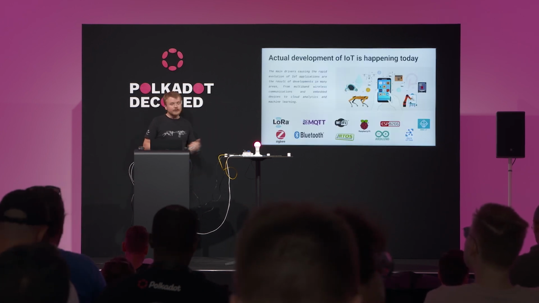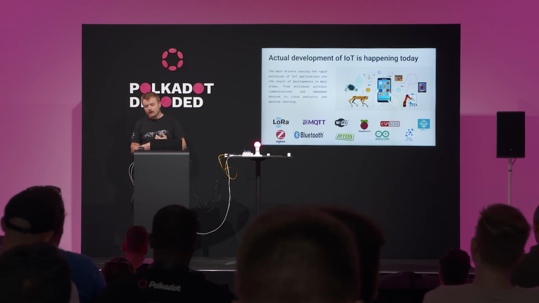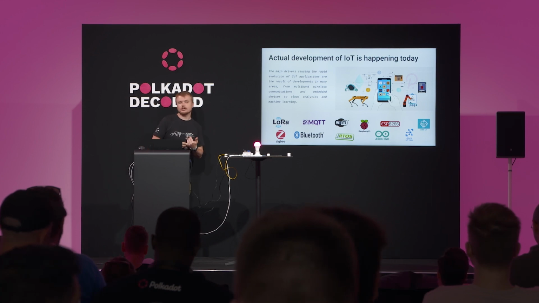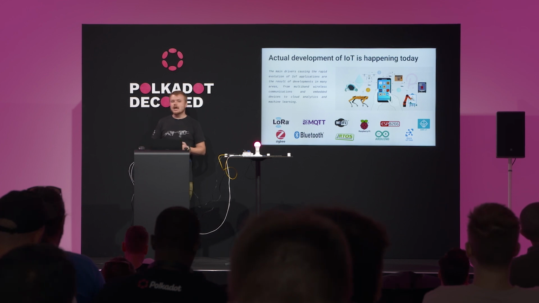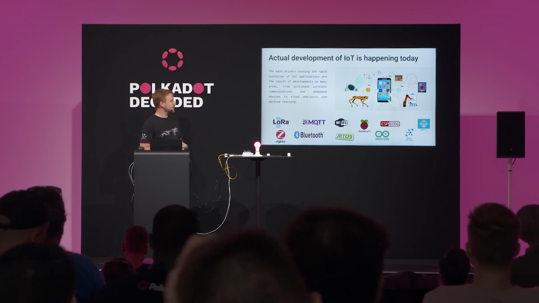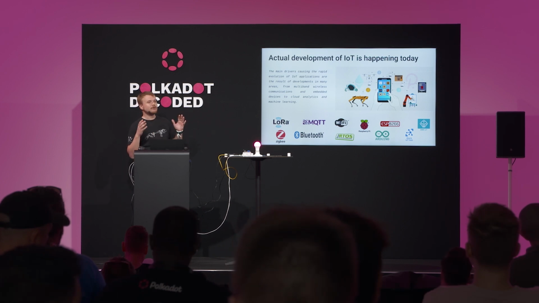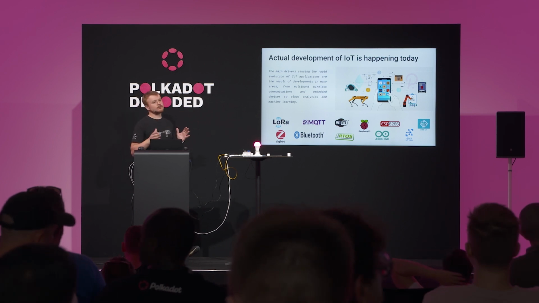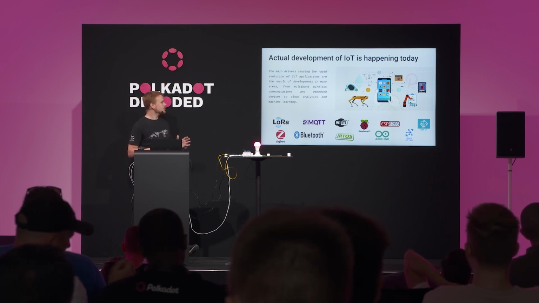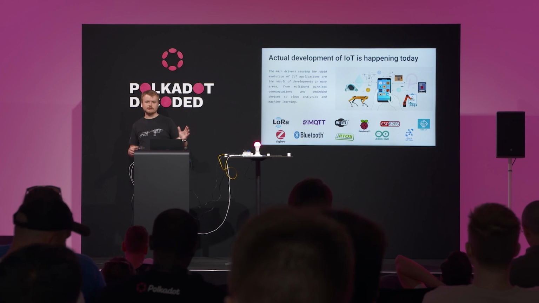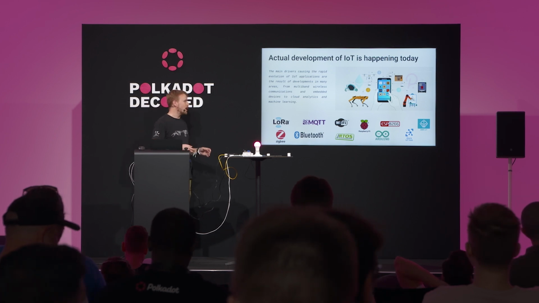But real use cases and IoT applications are happening just right now. And the main reason for that is on this slide. If you want to build an IoT application, you need different communication protocols between sensors and the user application.